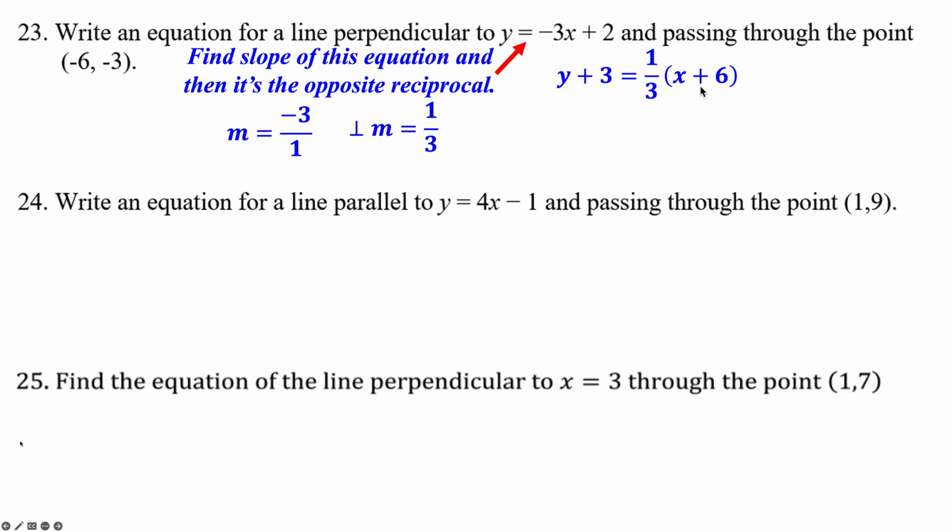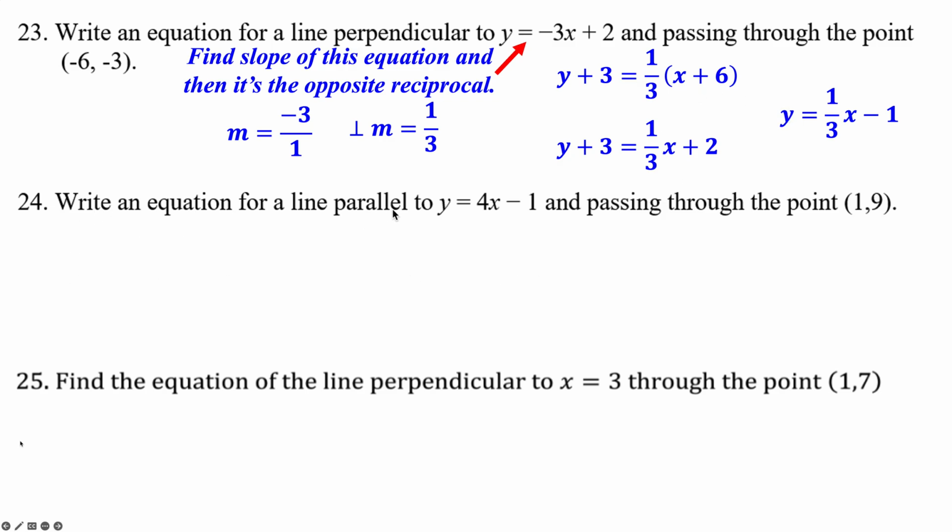If they ask you to convert this into y equals mx plus b, we can, because 3 goes into 6 evenly, so we can distribute that 1/3 x plus 2, because 1/3 times 6 is 2, subtract over the 3, 2 minus 3 is minus 1, so you can have either one of these two forms of the equation. Both are acceptable.